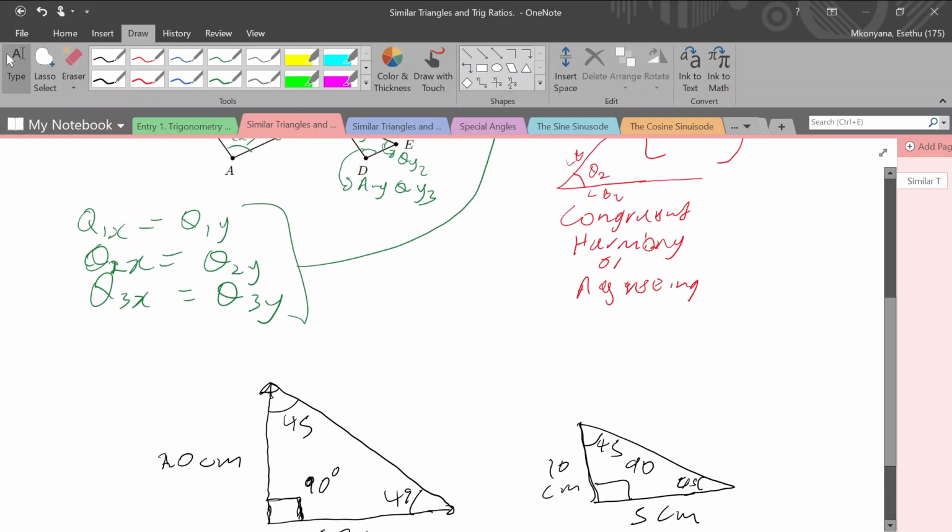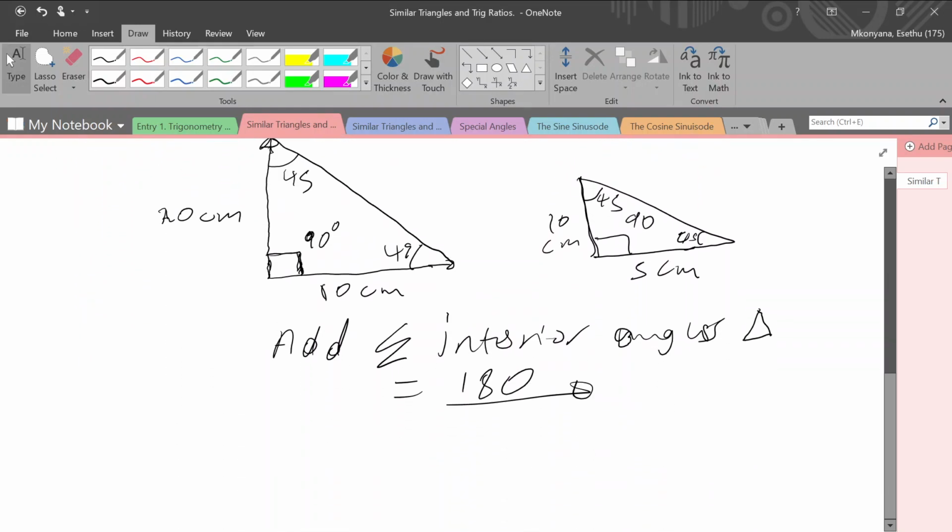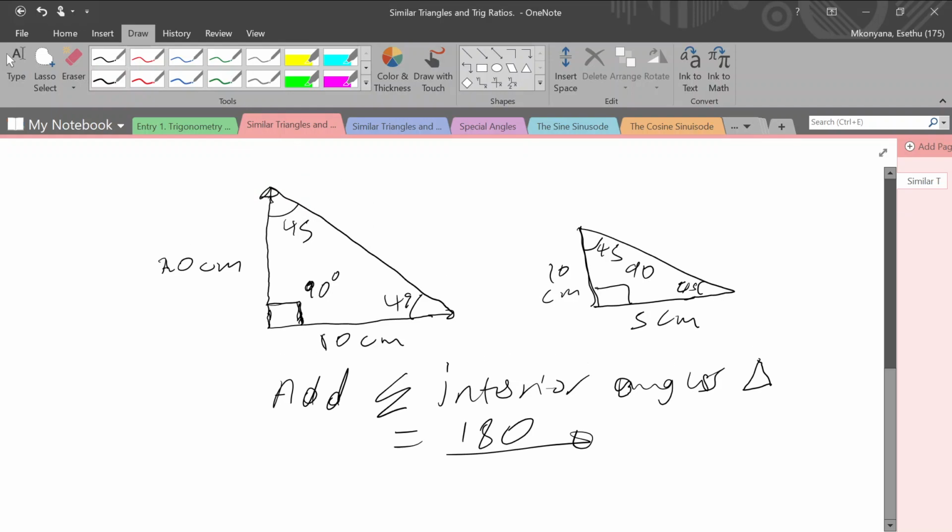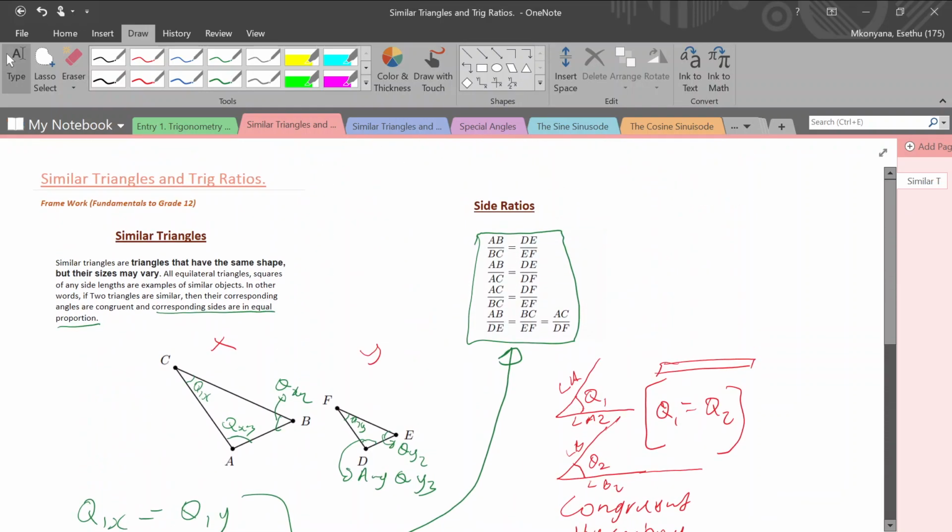Now that you have done this experiment, remember that because the angles here are similar, this angle is equal to that, this is equal to that, this is equal to that, we say these sides are similar, even though they are not the same. That's why we are saying similar triangles have the same shape but their sizes may vary.